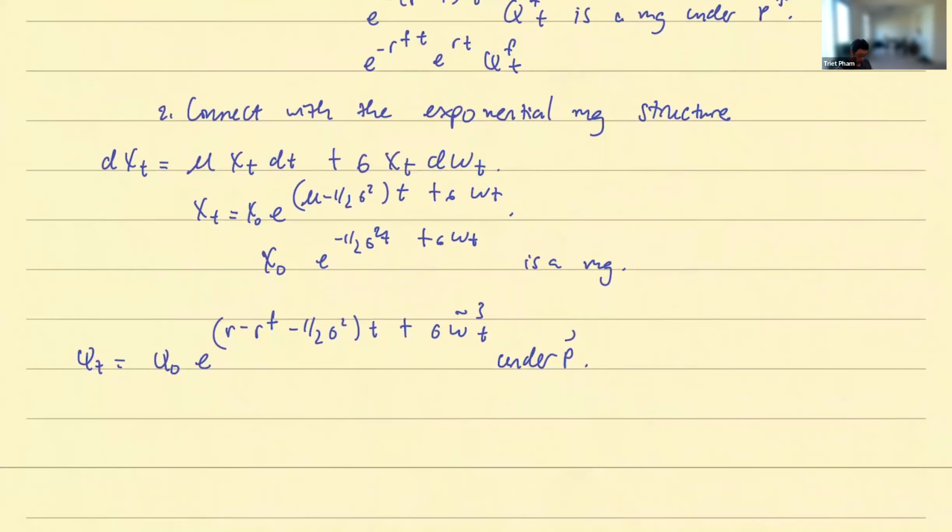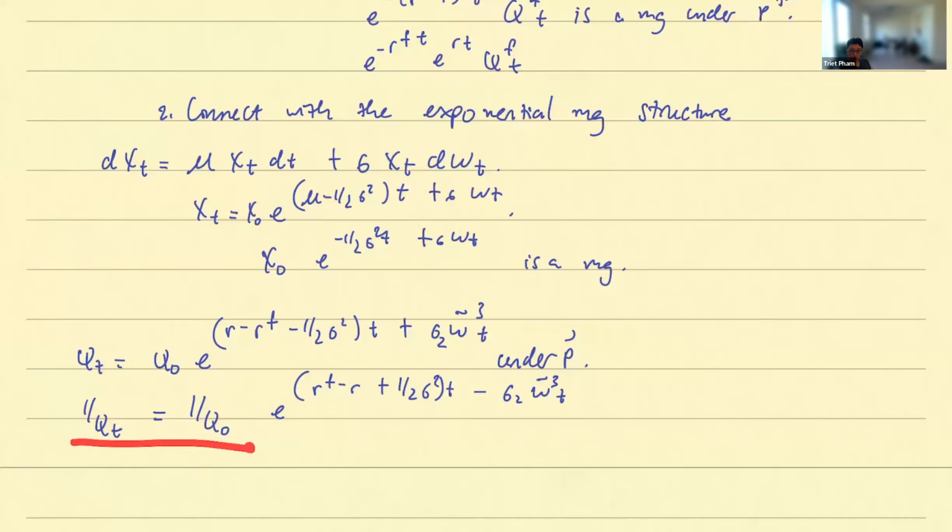So if you do 1 over Q, you get 1 over Q_0, and then you flip it, so you get (r_f minus r plus 1/2 sigma squared) t, and then minus sigma W tilde. So you already convert this into a unit of the foreign money market, except this guy is still the Brownian motion under P tilde.